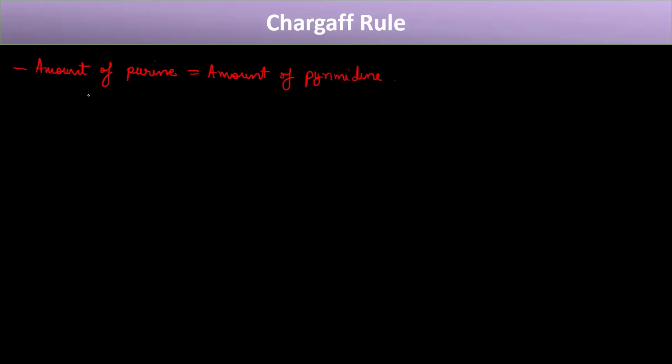We have seen what is purine. Purine is adenine plus guanine, and pyrimidine is cytosine plus thymine in the case of DNA, or cytosine plus uracil in the case of RNA. So adenine plus guanine will always be equal to cytosine plus thymine or cytosine plus uracil.